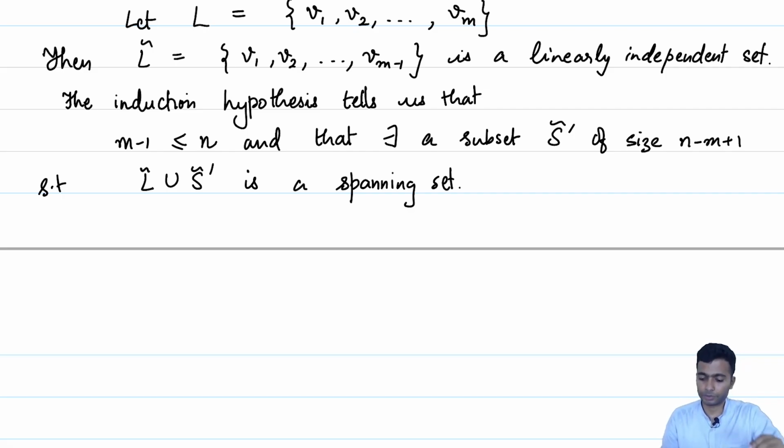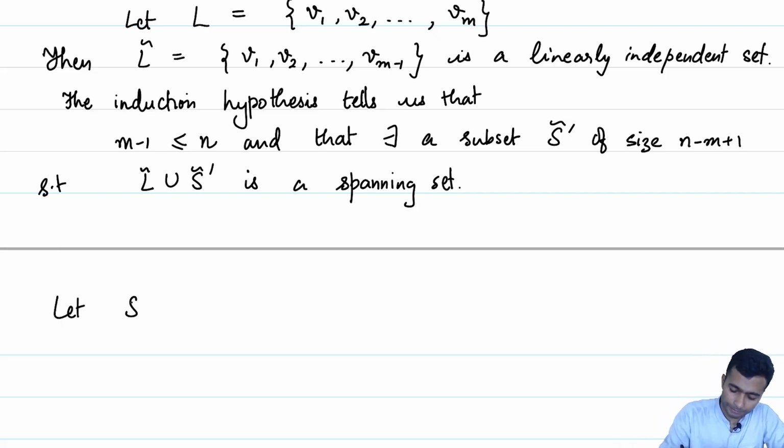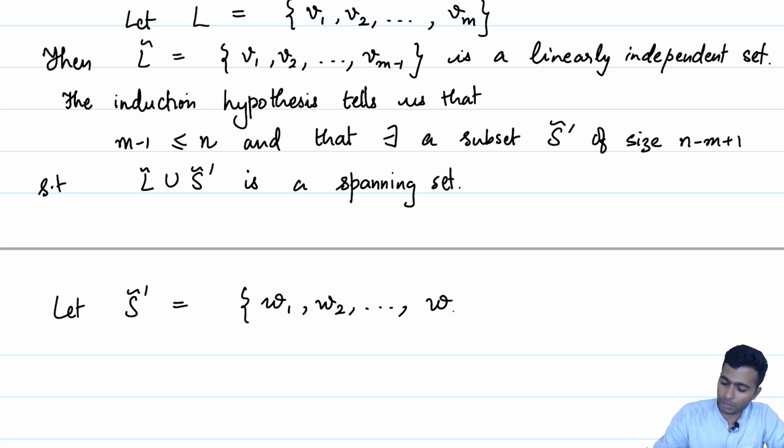All right. So let's enumerate the vectors in S tilde prime. Let S tilde prime be the set W1, W2 up to W n minus m plus 1.